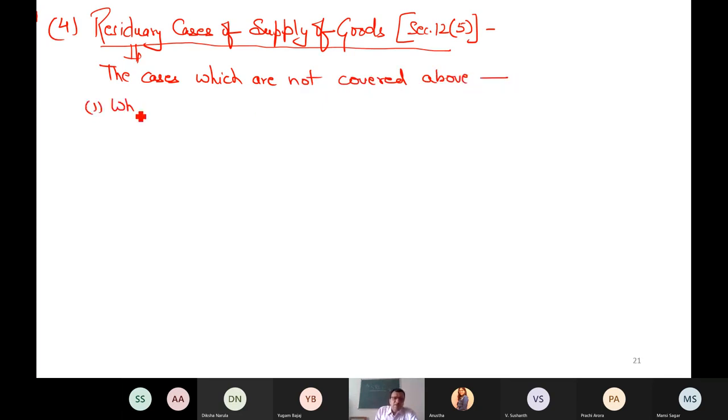If you are that supplier who is supposed to file the return, where a periodical return has to be filed. Or in any other case.